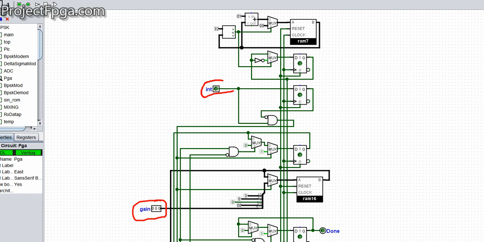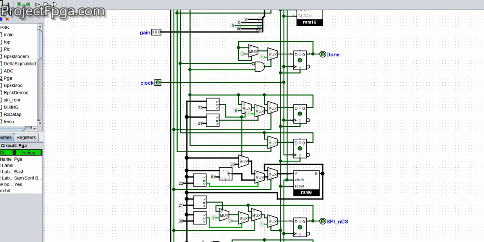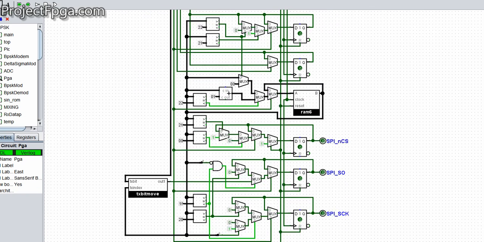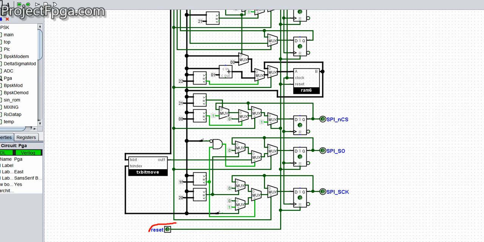This inter is an interrupt. Then down here, this is the clock. This indicates that yes, you have transmission complete done. Then down here you have your reset. Now this is an SPI output here.